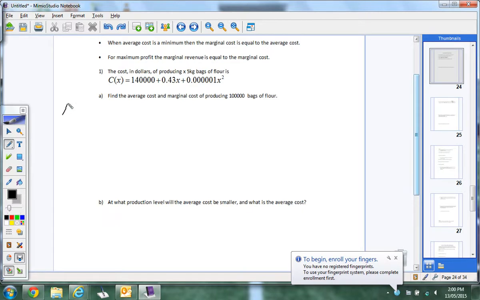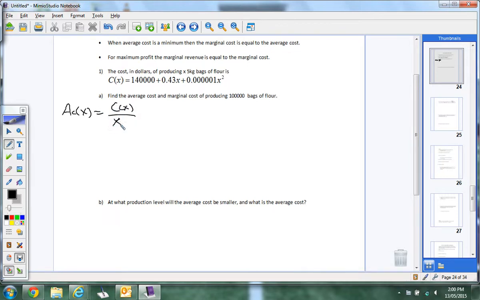To do the average cost, I'm going to call it AC. Average cost is equivalent to cost over how many you're producing, so just over x. We're going to leave it as x for right now. You're going to divide this whole thing by x. I like to do it separately, piece by piece, over x. That x cancels, so it's just plus 0.43.